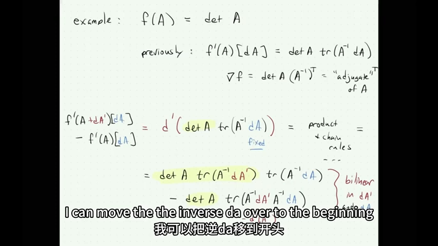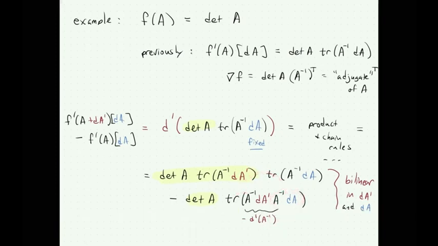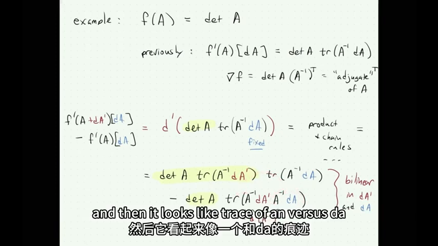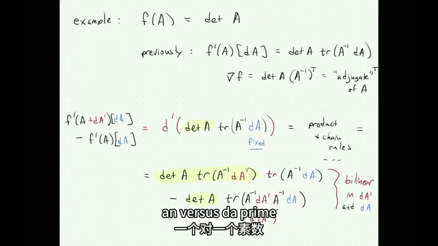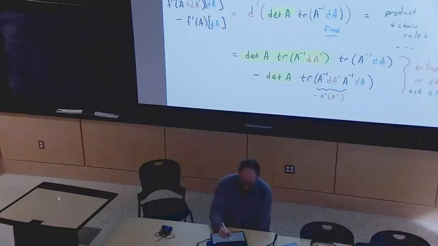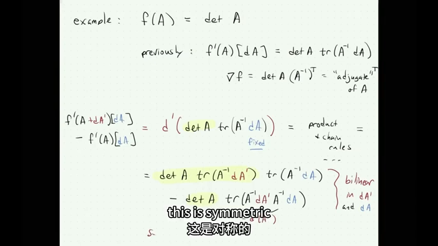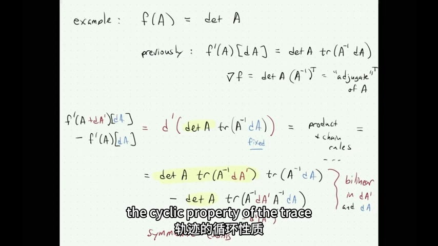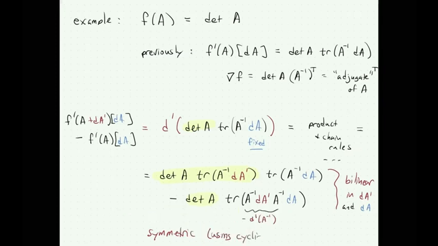I can move the A inverse dA over to the beginning, and then it looks like trace of A inverse dA, A inverse dA prime. Right. So this is symmetric using the cyclic property of the trace.